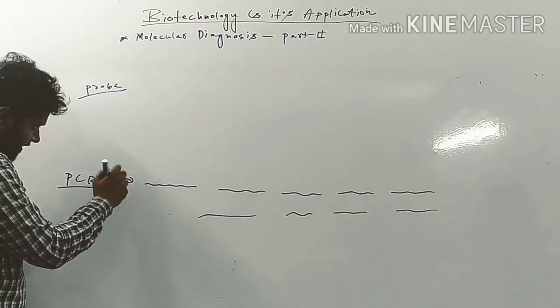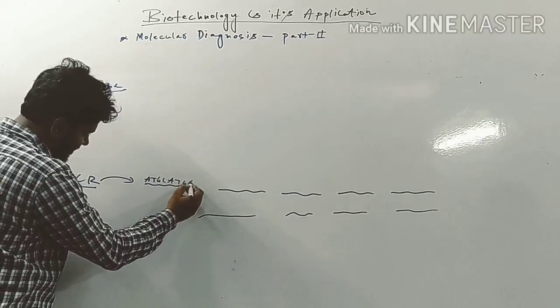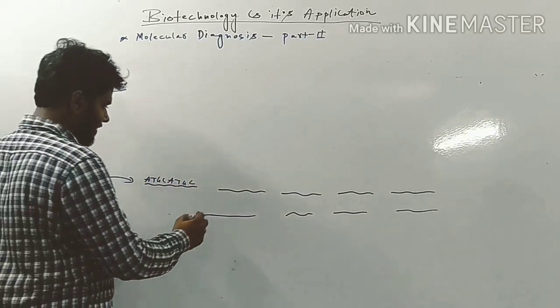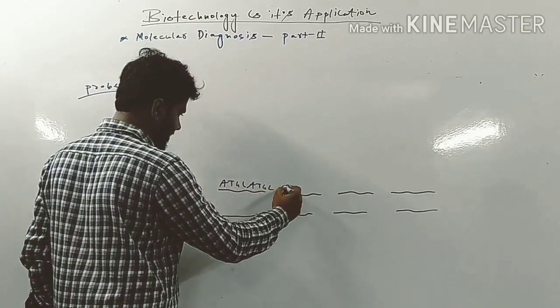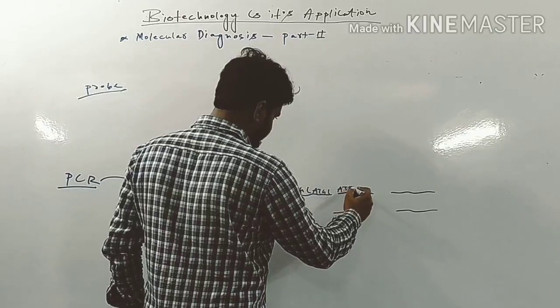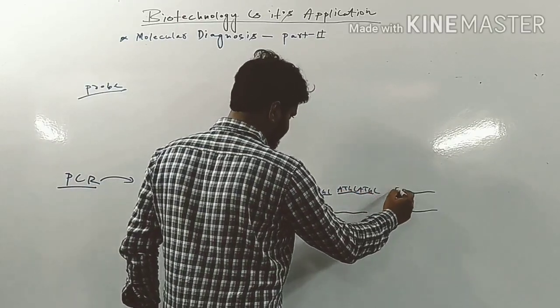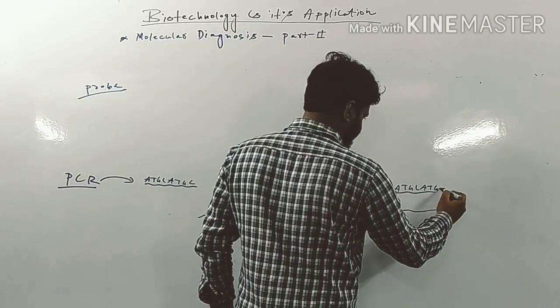If the gene is normal, its nucleotide sequence may be like this: ATGC, ATGC, ATGC, ATGC, ATGC.